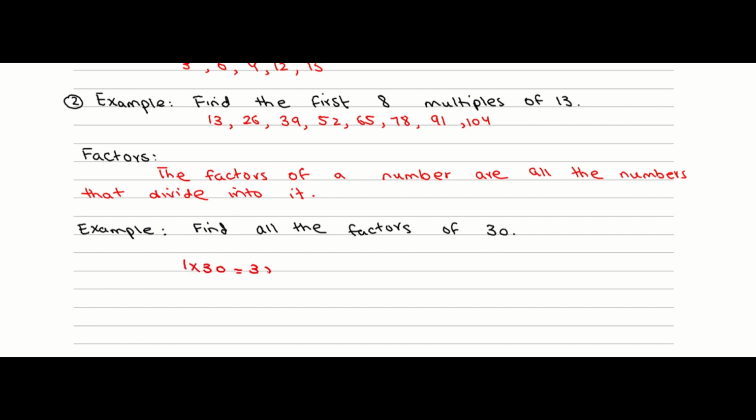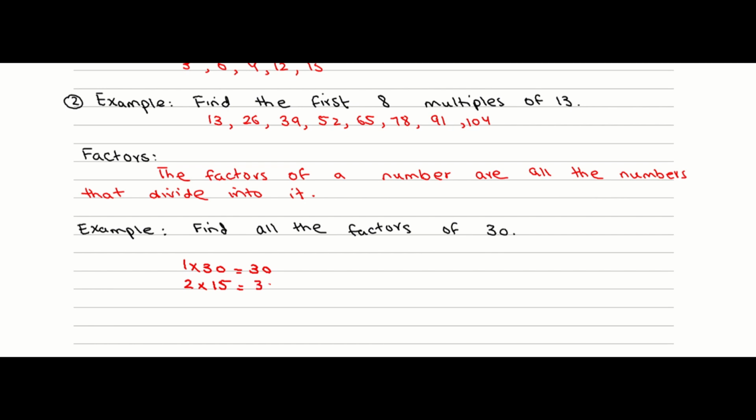Similarly, 2 times what number is 30? By the definition of factor, the factors of a number are all the numbers that divide into it. If we divide 30 by 2, we get 15. So 2 times 15 gives you 30.